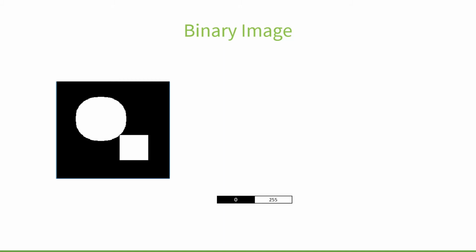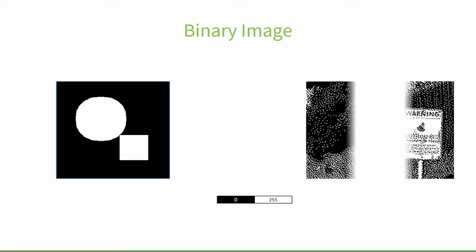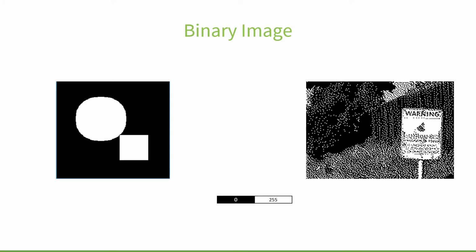Can you imagine a nice photograph can be represented by binary values? Yes, we can. So here this is a nice image from Wikipedia where you can see 2 colors, 0 and 255 can represent an image nicely.